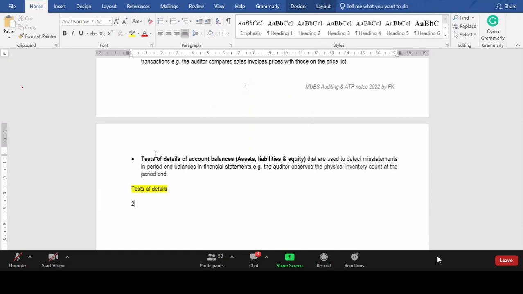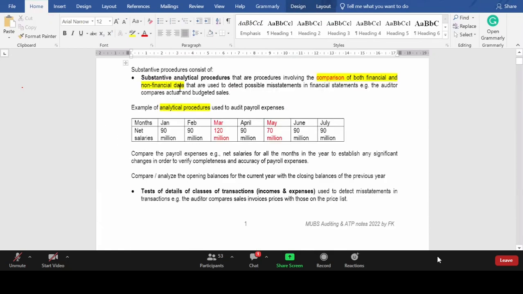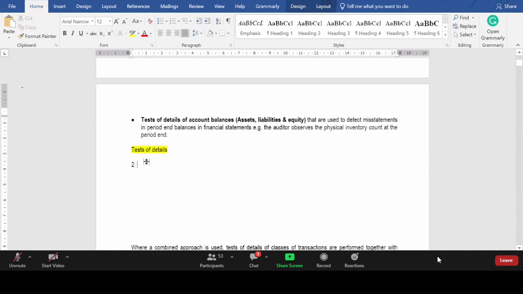Number 1 was the analytical. So number 2 is under test of details. We start with recalculations. Now recalculations, how do you write it? You just say recalculate.